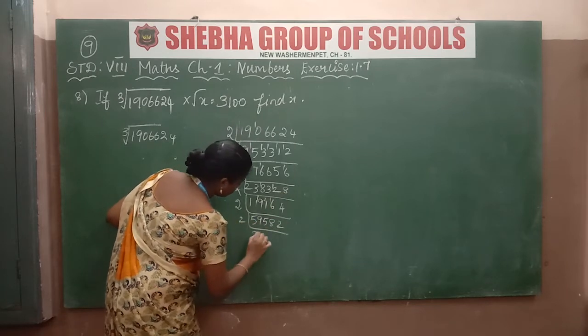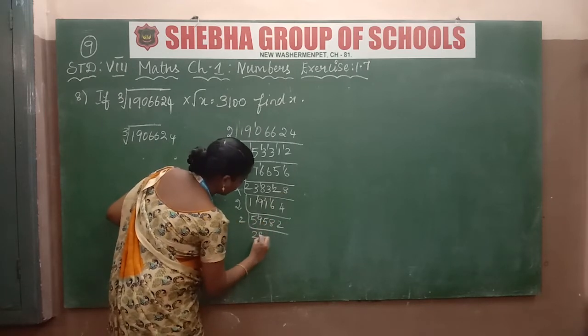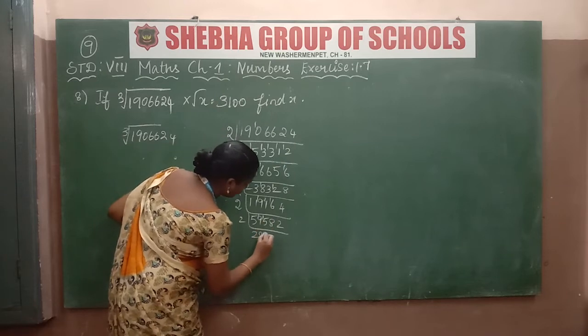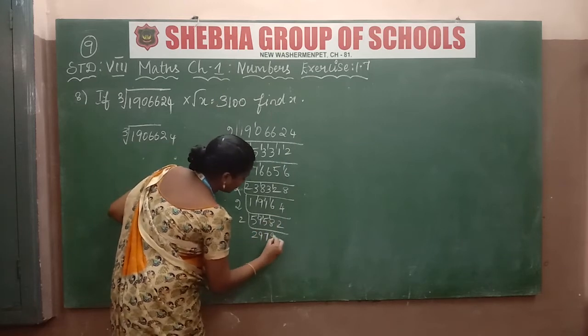Then 2 tables, 2 9s are 18, balance 1, 2 7s are 14, balance 1, 2 9s are 18.